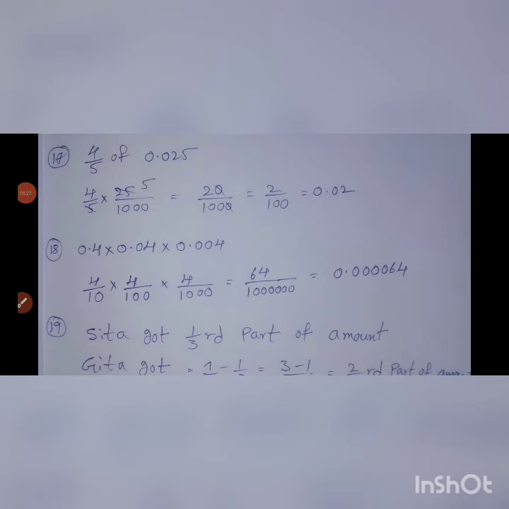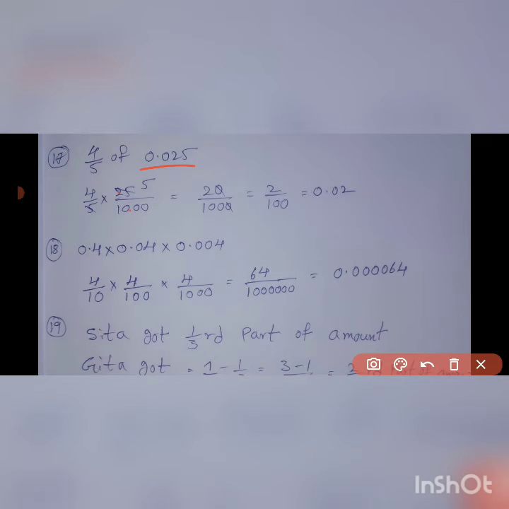The next question. 4 by 5 of 0.025 is equal to. So I'm converting here 0.025 into a fraction, a decimal fraction. So that means 25 by 1000. After the point we have 3 decimal places.